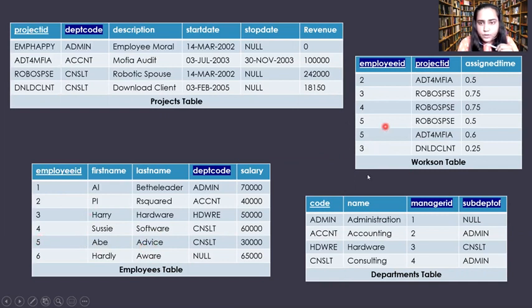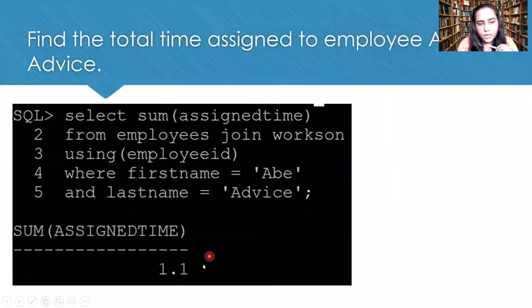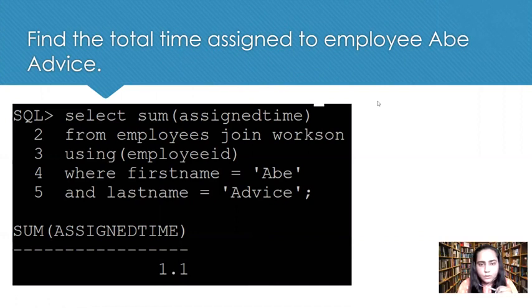And if you look here, it is coming 2 times. Once it is for 0.5 assigned time, and the second time it is for 0.6. So if you do the total of those, you get 1.1, which is correct in this query. So this is how you can do it. And I encourage you to go and practice it on your own and then come back to the video.